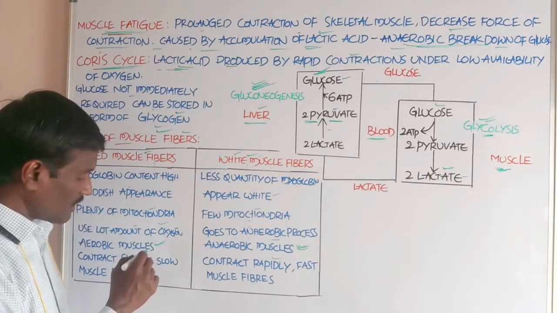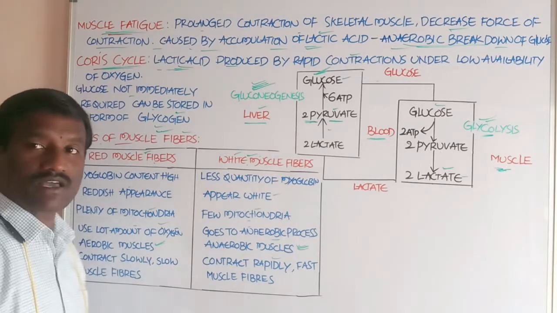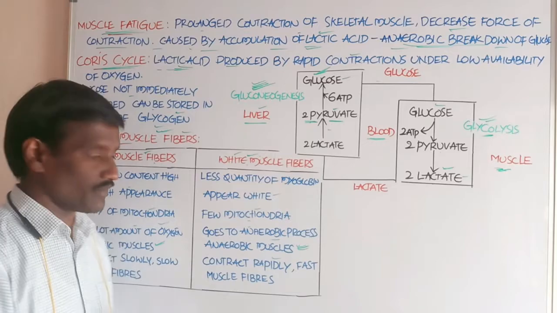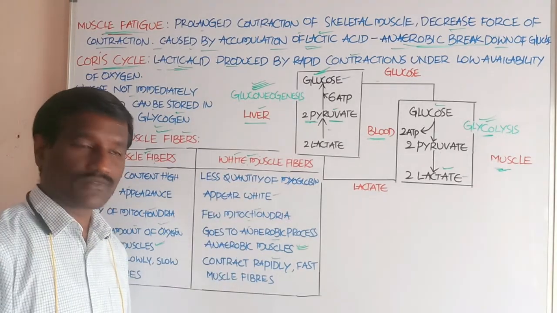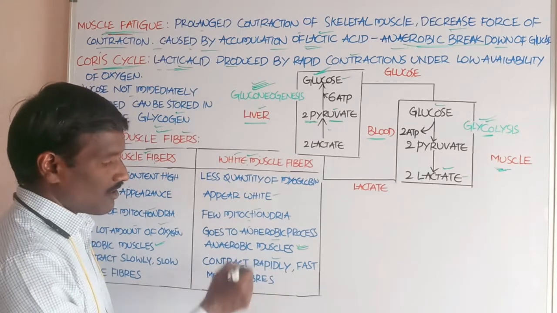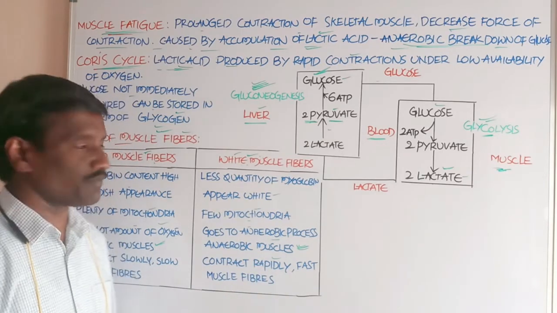Red muscle fibers contract slowly and are called slow muscle fibers, while white muscle fibers contract rapidly and are called fast muscle fibers.